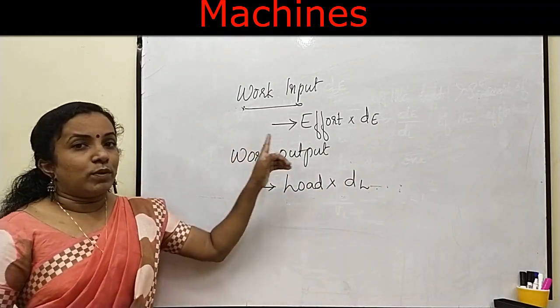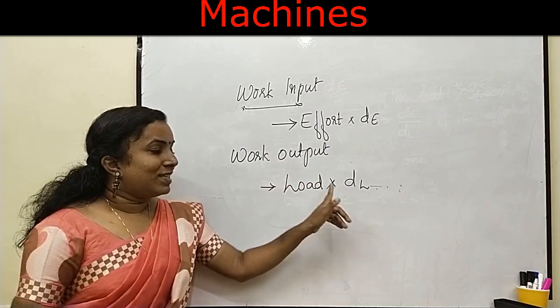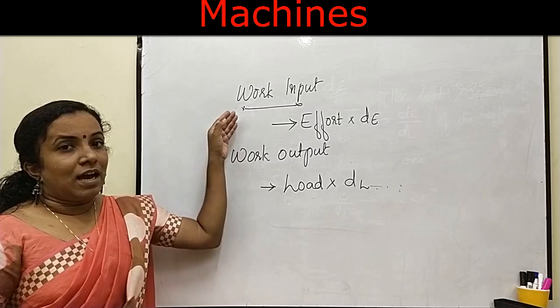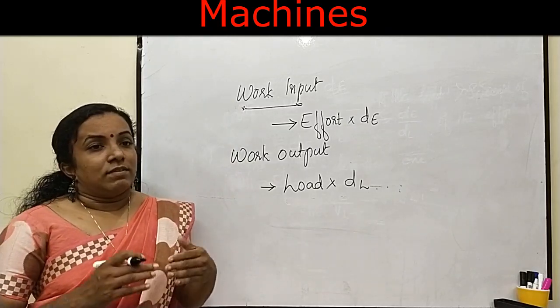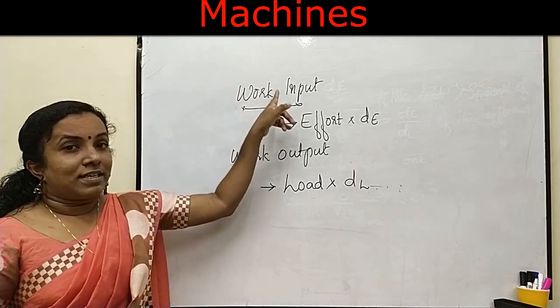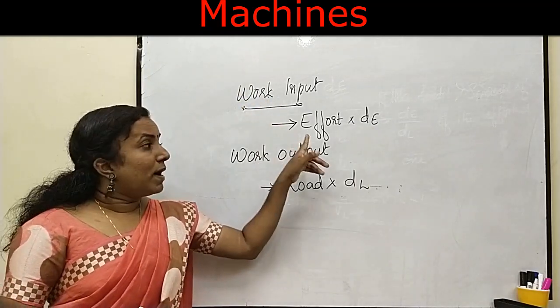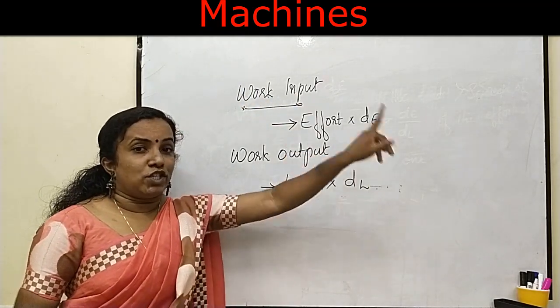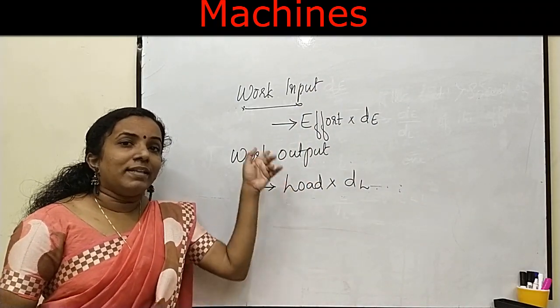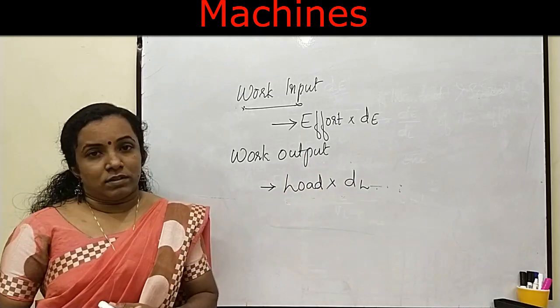Hence work output is equal to load into displacement traveled by the load. These are the two works which are related to machine. Work input, that is work done by the effort on the machine, and work output is the work done by the machine on the load.